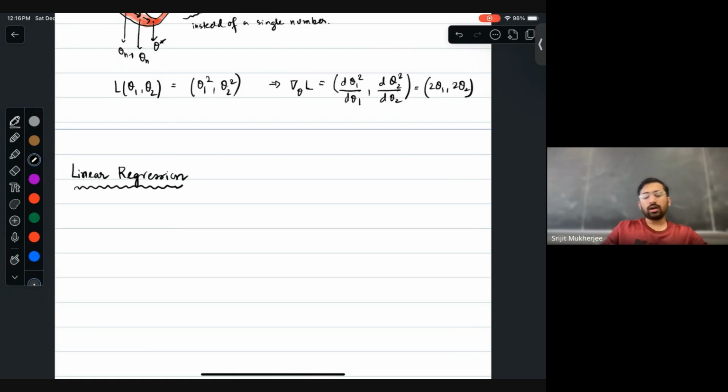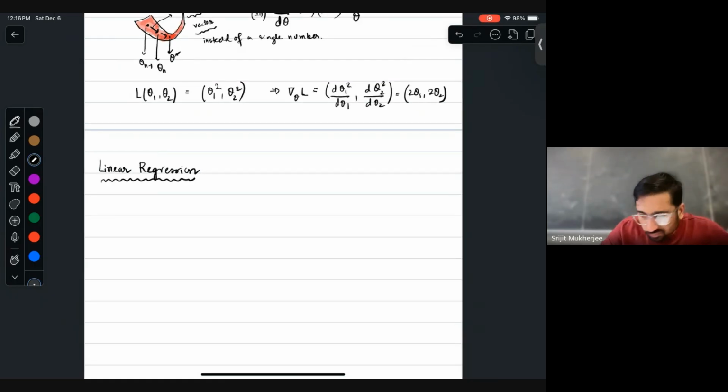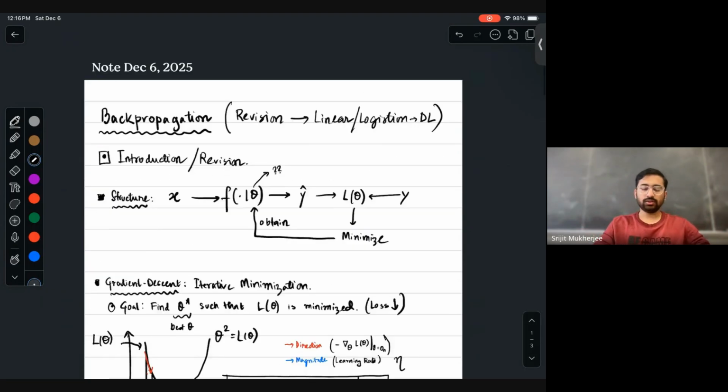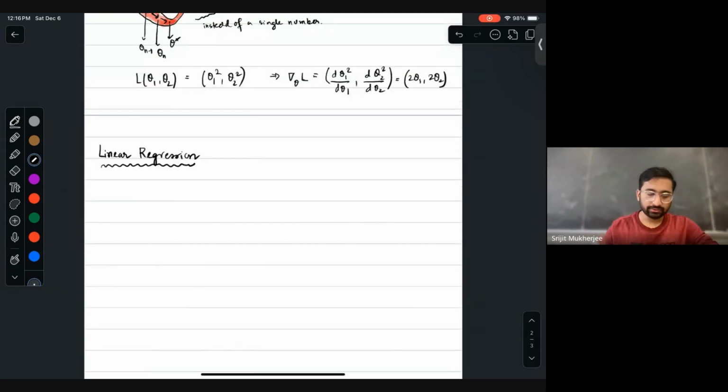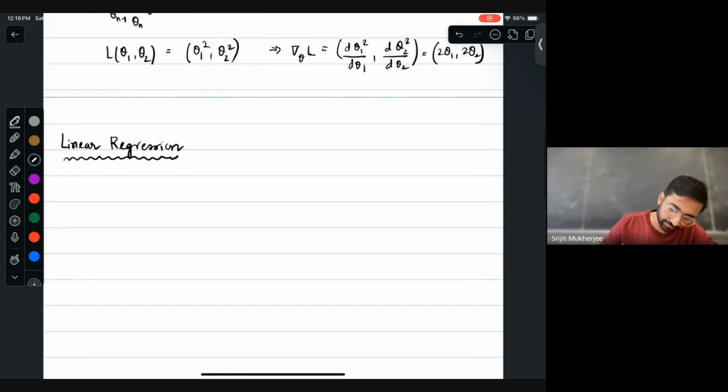Now you may ask, there are two aspects to it. There are two ways to calculate. Before I say that, let's remind ourselves what the whole idea was.